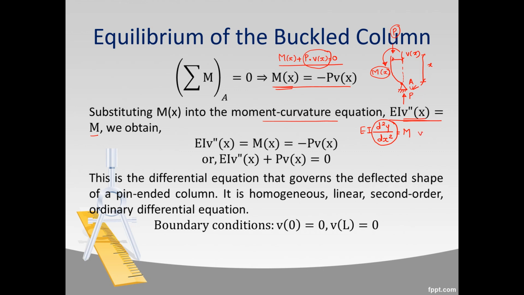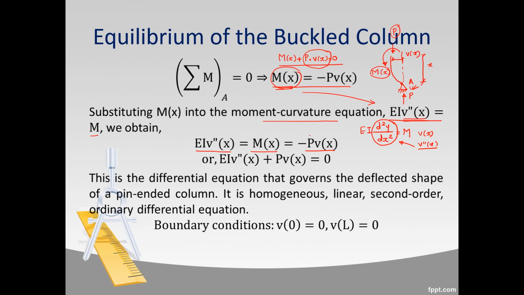Since Vx is our displacement, v double prime x is represented as d square y by dx square. So substituting this value of Mx in this equation, we get EI v double prime x is Mx, and Mx equals to minus P into Vx.